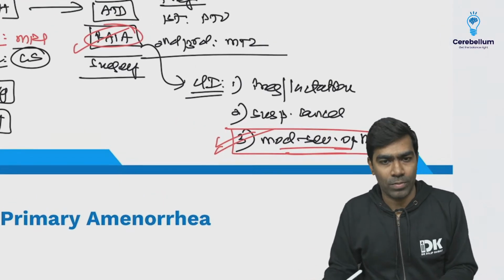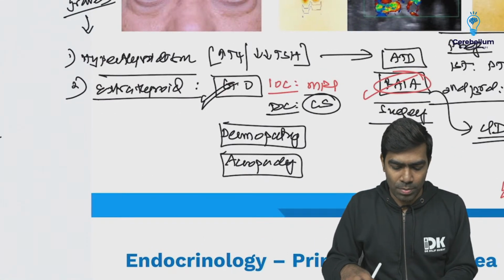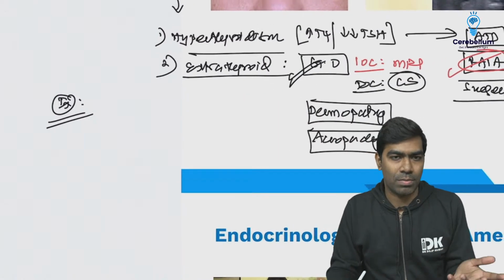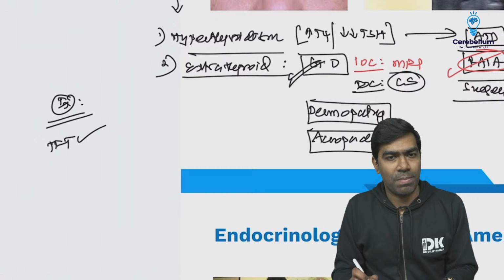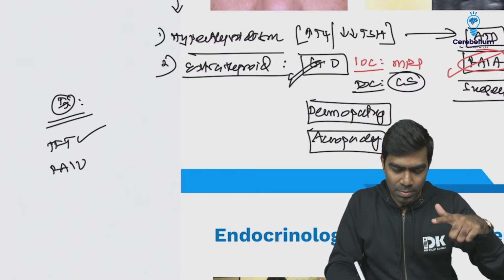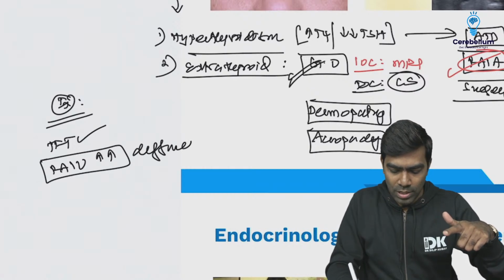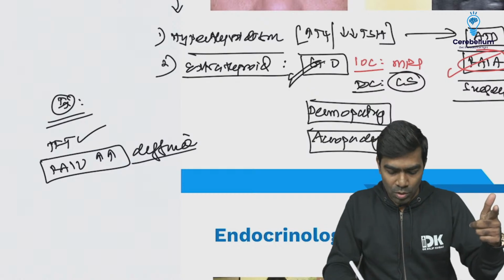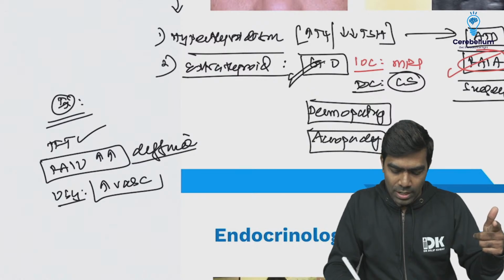You cannot do that. And what are the investigations of Graves' disease or Graves' orbitopathy or any Graves' disease patient? So what they will ask is the TFT. TFT will show a hyperthyroid picture. High T4, low TSH. Second, radioactive iodine uptake will be increased, and this increase will be diffuse and homogeneous. And ultrasound will show increased vascularity.